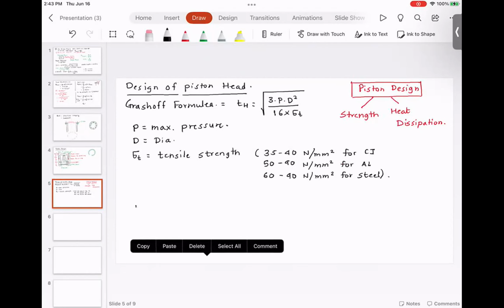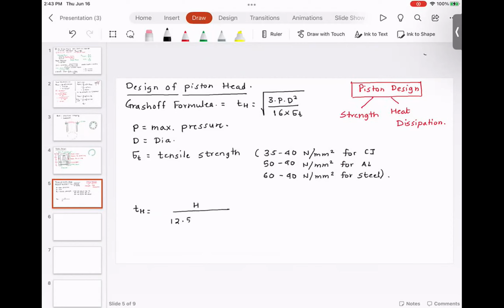There is another formula which is H divided by 12.56 K (Tc minus Te).